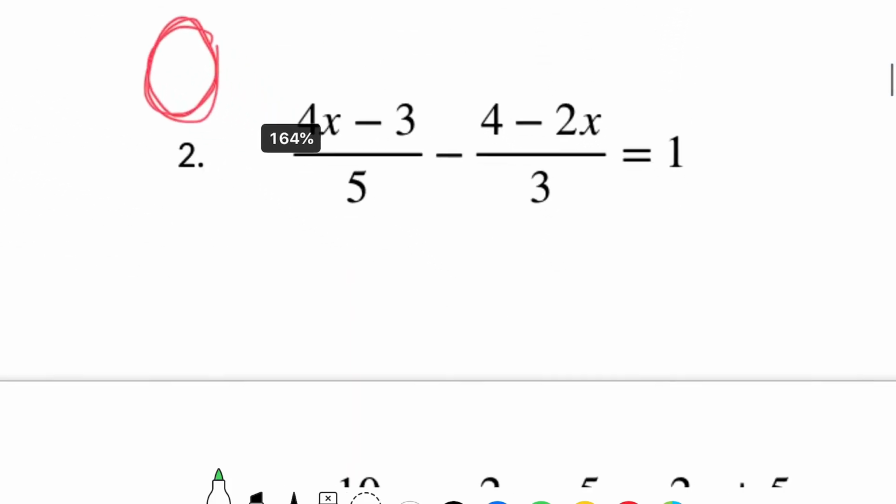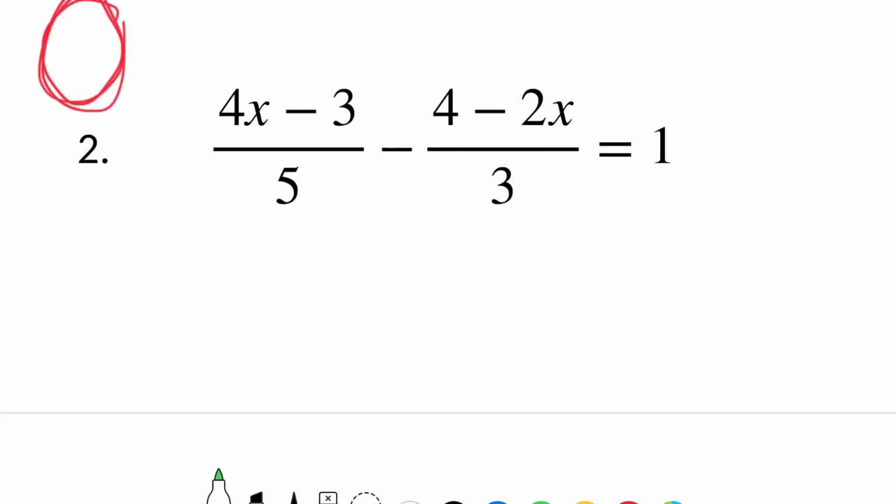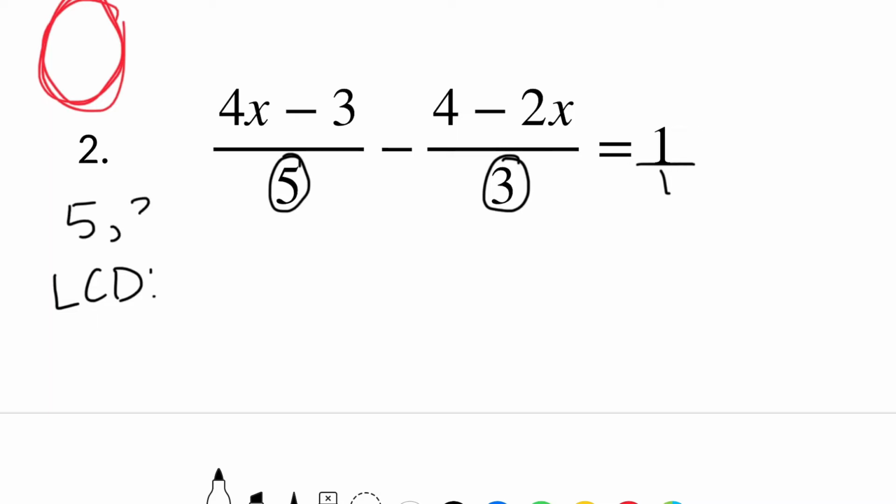Now, to look at one that is not a fraction equals a fraction, for number 2. This is where you're having to look at your LCD, or your least common denominator. Well, we have 5, 3, and then an understood denominator of 1. So we want the LCD. Well, what is the smallest number that 5, 3, and 1 can go into?